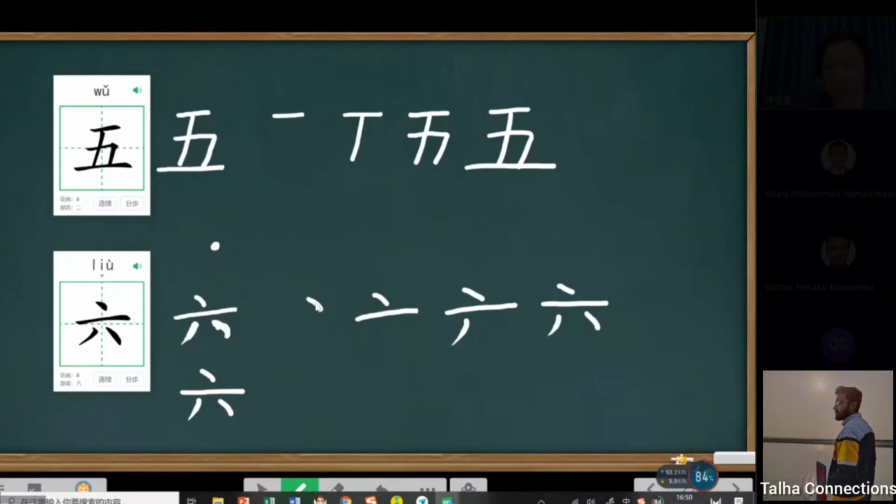So you can see that here's the principle for us to write characters. We start from top to bottom, from left to right. Okay, from top to bottom, from left to right. All right. We've learned six characters. Yeah, you can write Chinese characters.